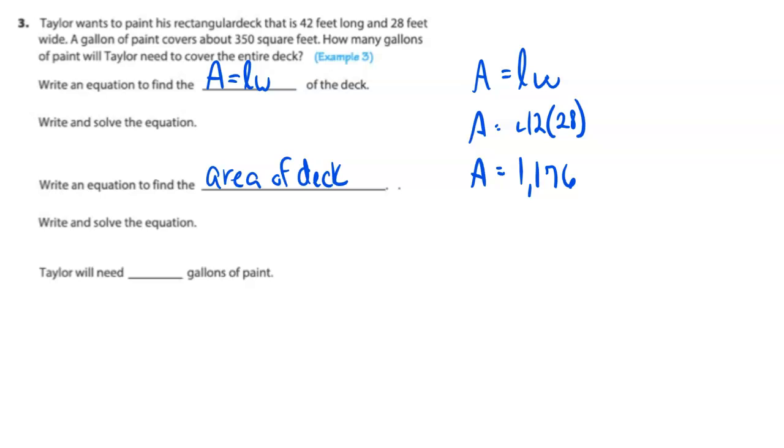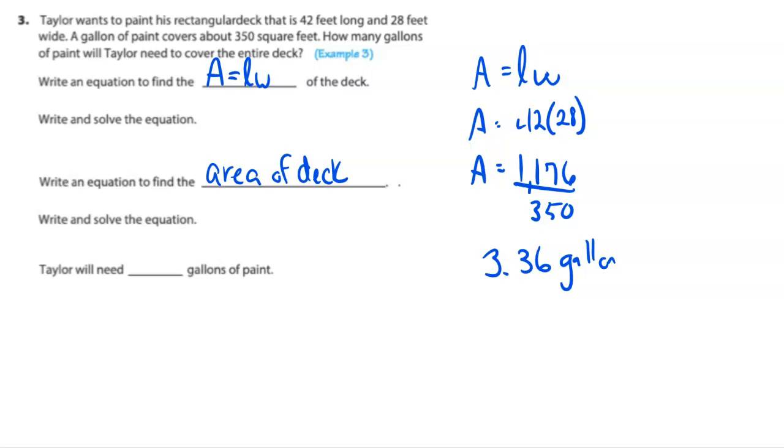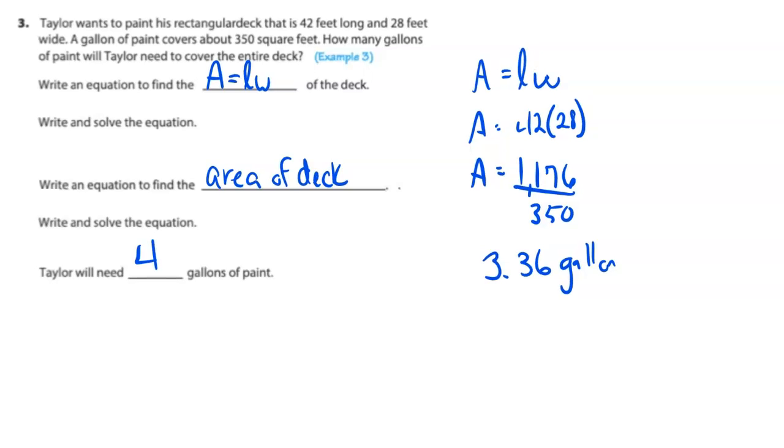But the question is how many gallons of paint we need to buy. Well, 1 gallon covers 350 square feet, so I need to divide it by 350, and that'll tell me how many gallons of paint I need. When I do that, I get 3.36 gallons. Well, I can't buy 0.36 of a gallon, so I have to round it up to the nearest one, and Taylor will need to buy 4 gallons of paint.